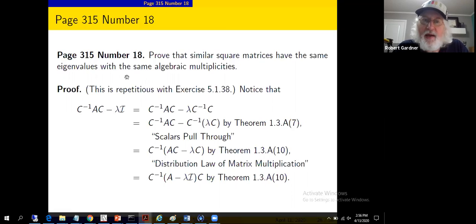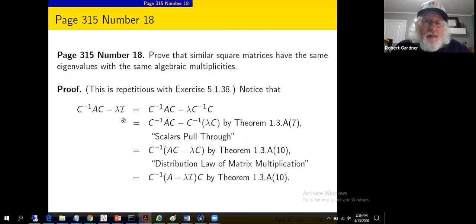We're just finding the eigenvalues in this one, sorry. So we've got a matrix, C inverse AC, subtracting lambda I. Now we're going to fiddle with it and see that we get something similar. We want to look at the characteristic polynomial and show similar matrices have the same characteristic polynomial. And characteristic polynomials are determinants of expressions like this.